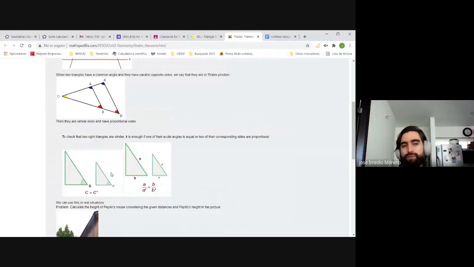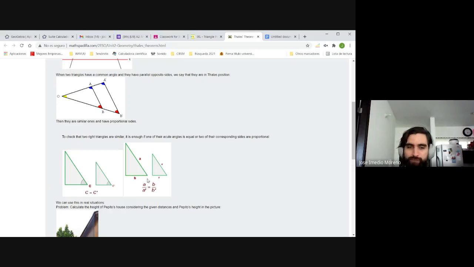Two similar figures are those which have the same shape but not the same size. If they also have the same size, they are not only similar, but congruent. So if they are similar, they have the same shape but not the same size, which means they are proportional in all of their sides.